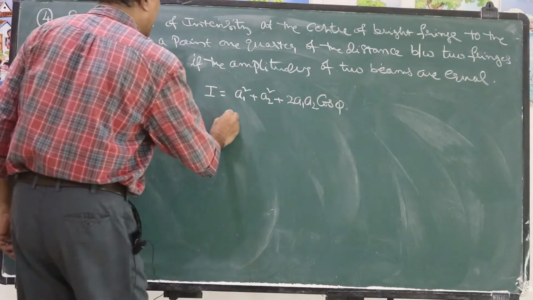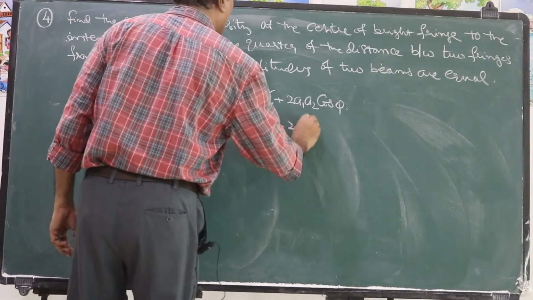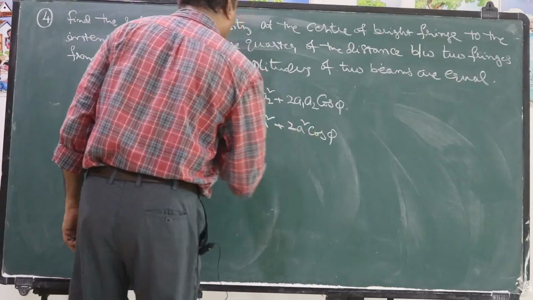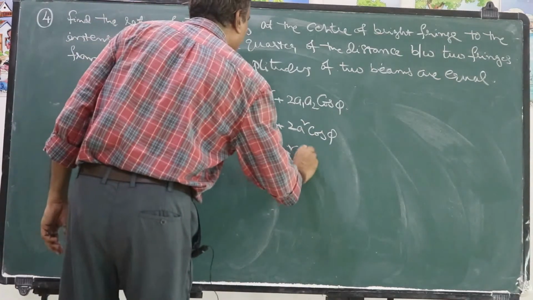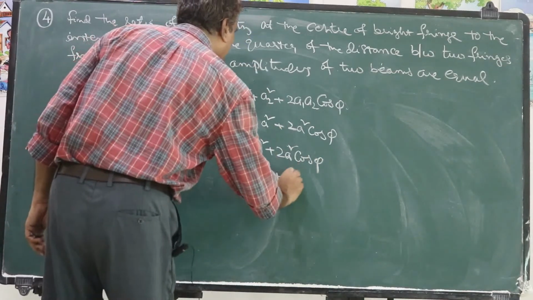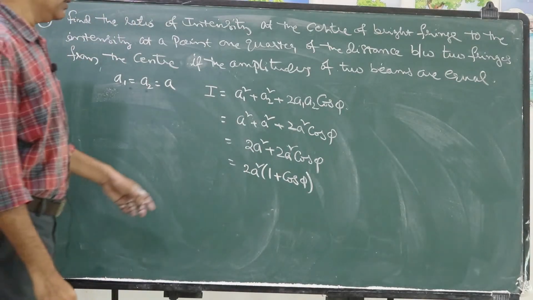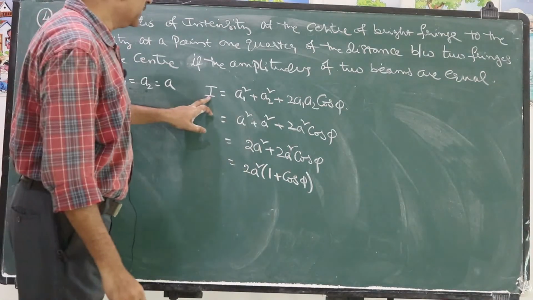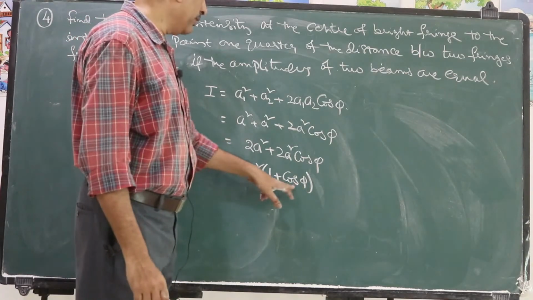So this can be written as A square plus A square plus 2A square cos phi, that is 2A square plus 2A square cos phi, that is 2A square into 1 plus cos phi. Okay. Now the intensity at a particular point is 2A square into 1 plus cos phi.